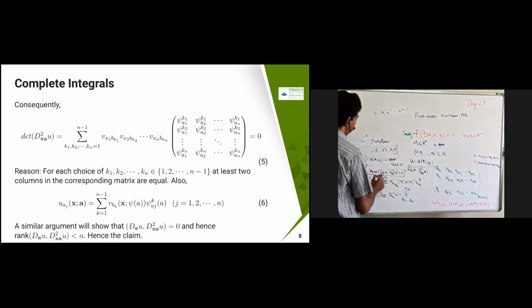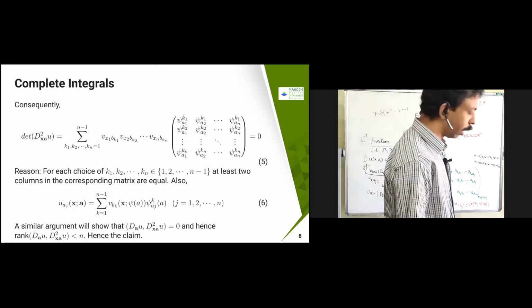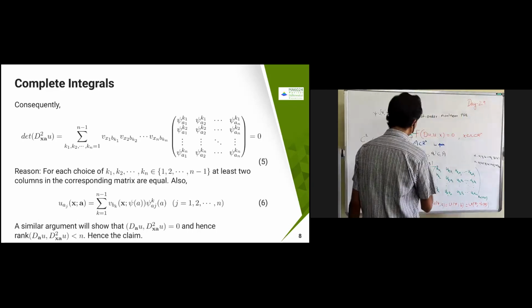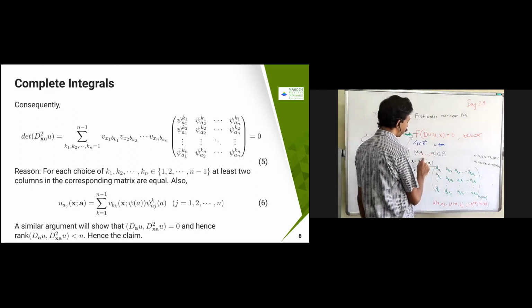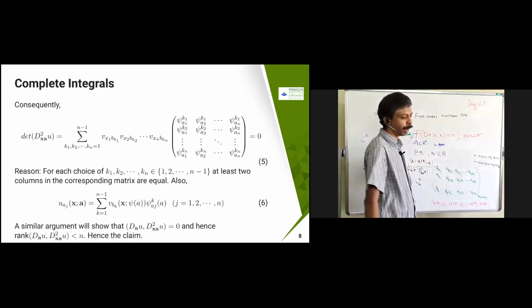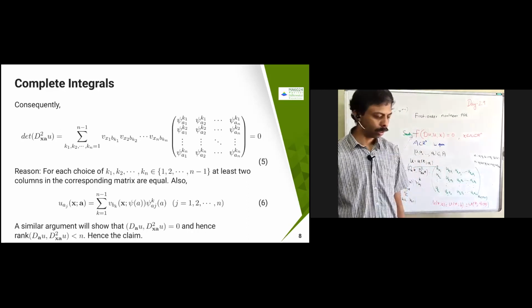It should be equal to n, but I don't have equal to n. Therefore, it is not going to be the case. So what we are claiming is that for each n independent variables, there should be exactly n independent parameters. That is what we are doing.